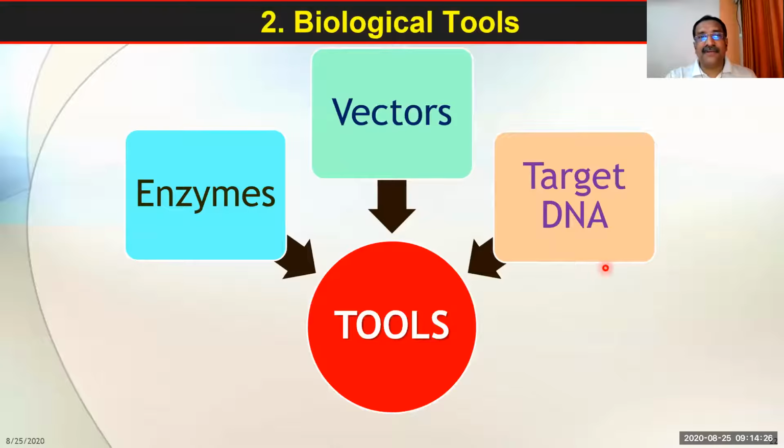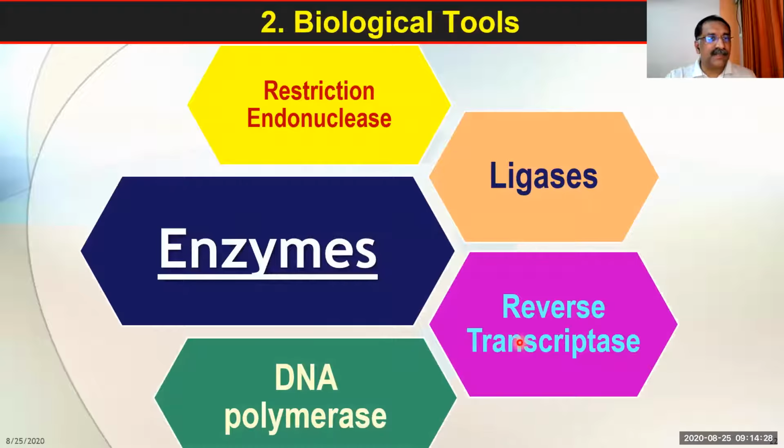After that, we have seen that enzymes are of various types. There are restriction endonuclease enzymes, which are used to cut the DNA, acting as a biological scissor or molecular scissor. And then we have seen that ligases enzyme is used as a joining enzyme.